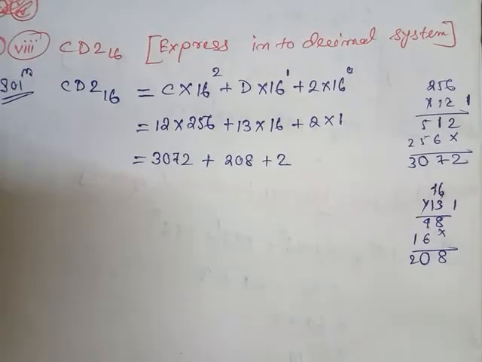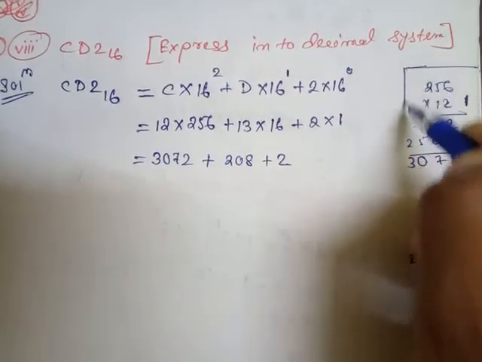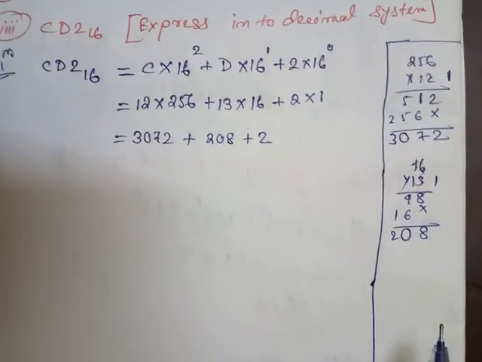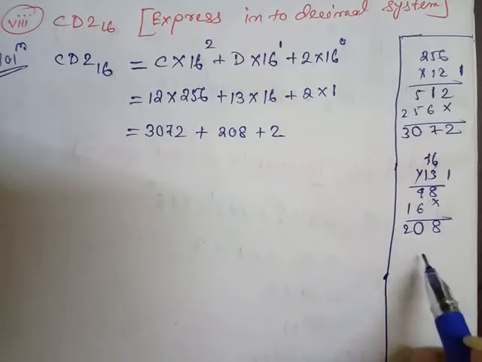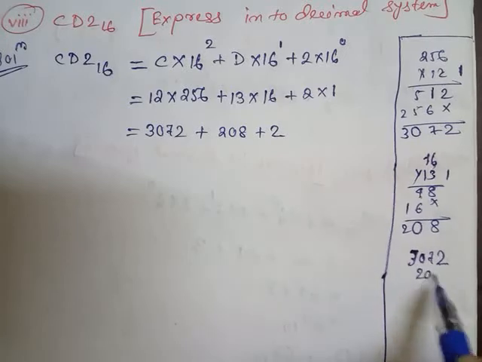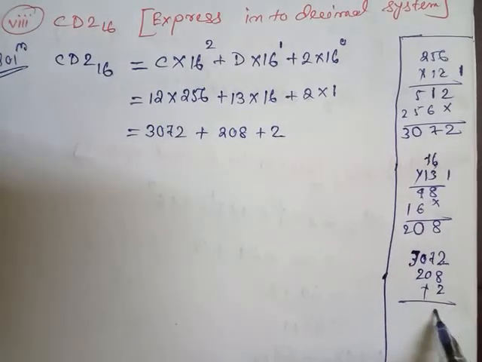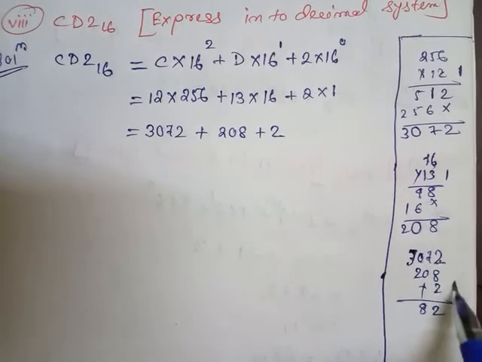Now if we go for the addition, this is a rough part. This is actually the rough part. Now look what will happen if I go for the addition here with 3072 and 208, and the last one is 2. Then 8 plus 2 is 10, plus 2 is 12, carry 1. 7 plus 1, 8.